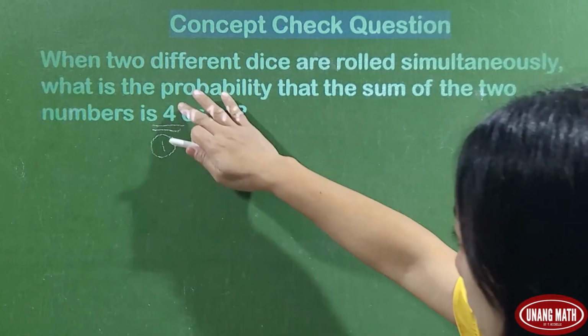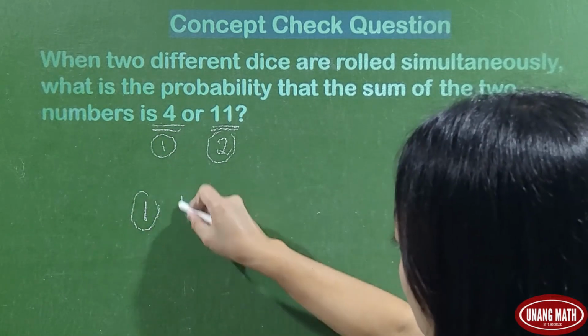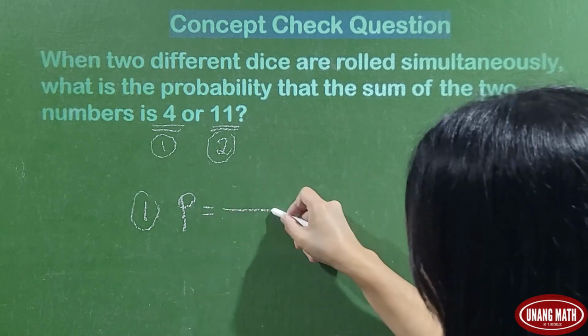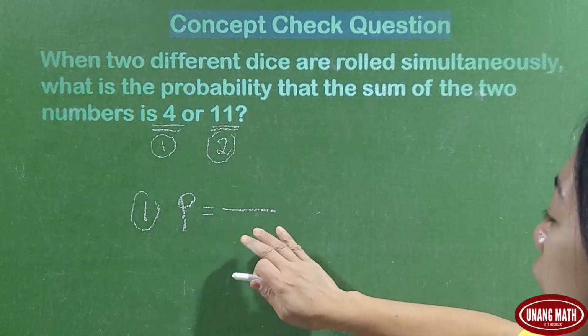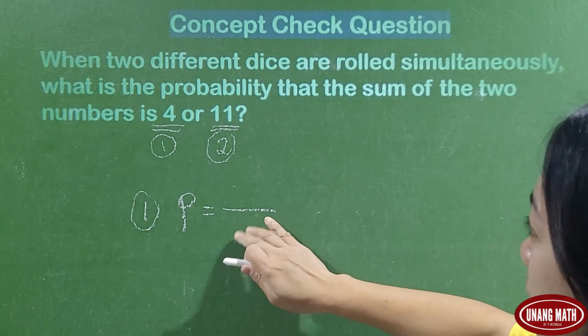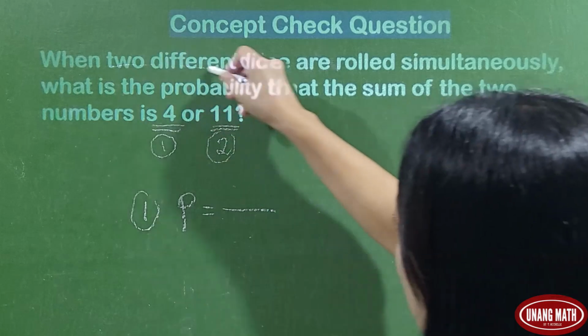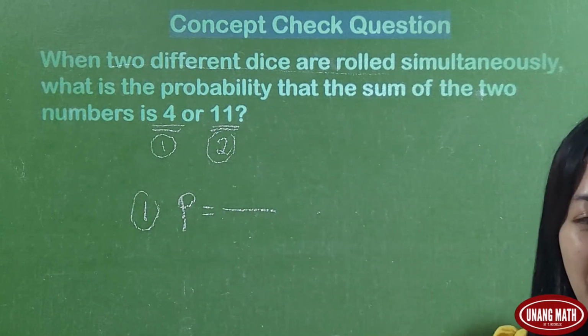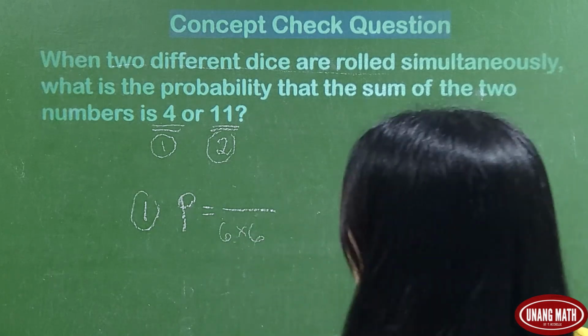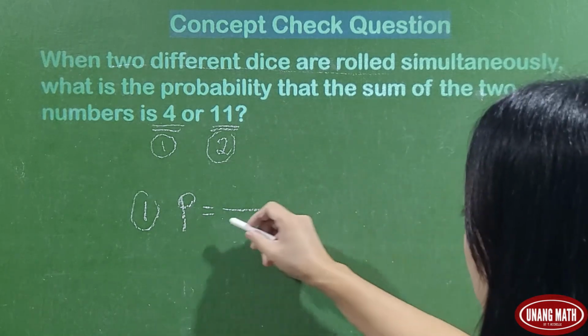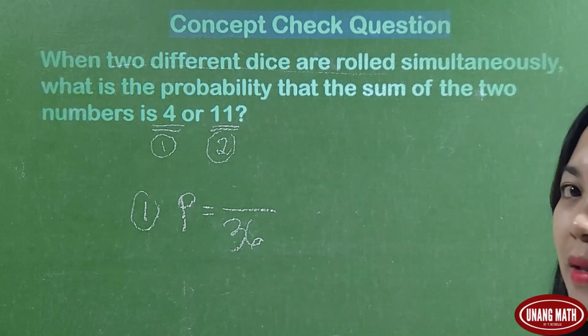Let's find the probability for our first event. Probability is the favorable outcome divided by the total possible outcome. What would be the total possible outcome? Since we have two different dice that are rolled simultaneously, that would be 6 times 6, so we have 36 total possible outcomes.